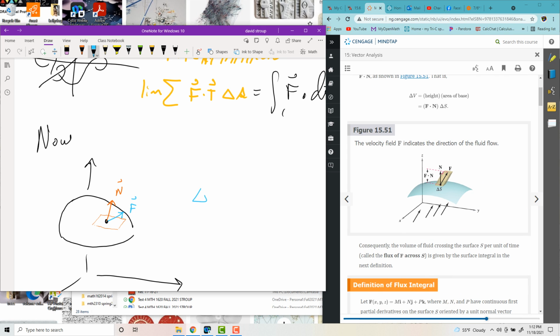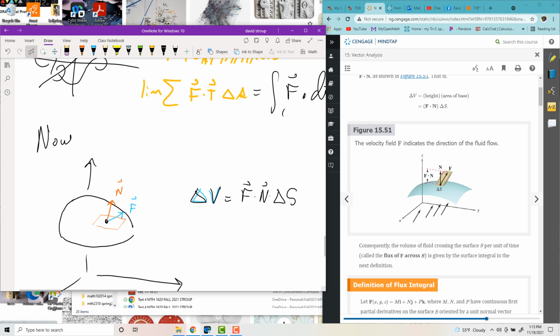They're going to call it delta V, which will be a dot product between f and n, which represents the height of a cube or some weird parallelepiped object, and then times the area of that base, which will be delta s.